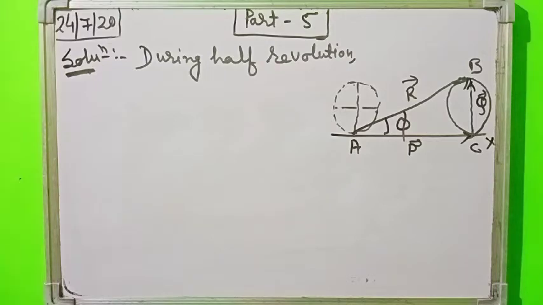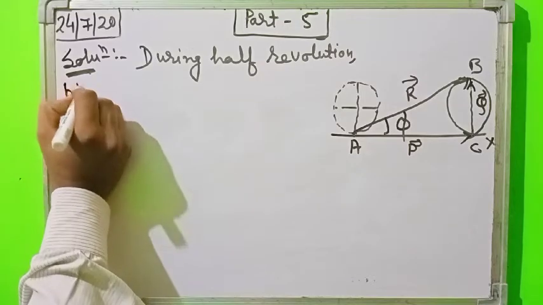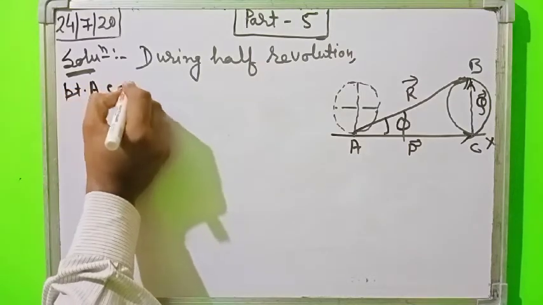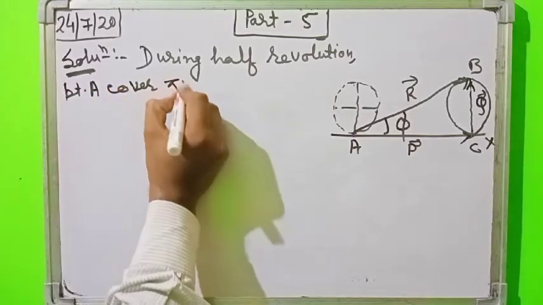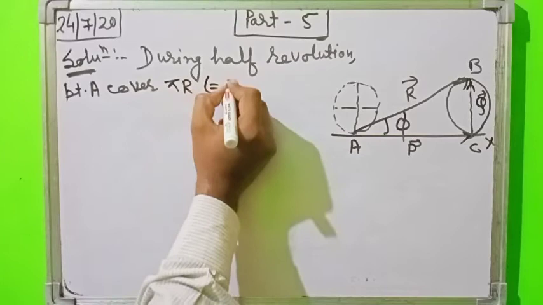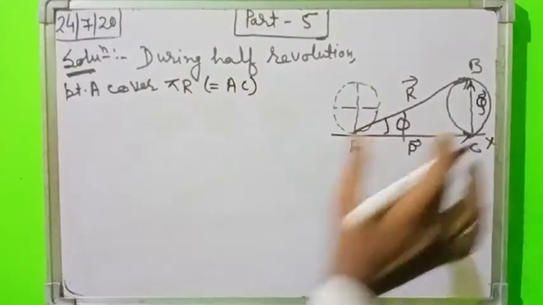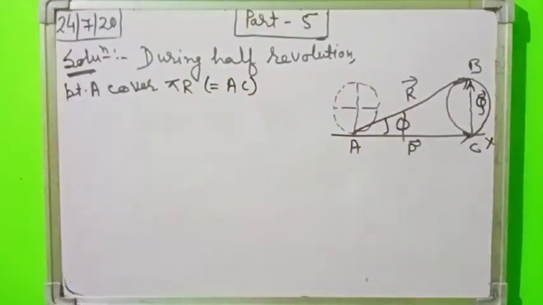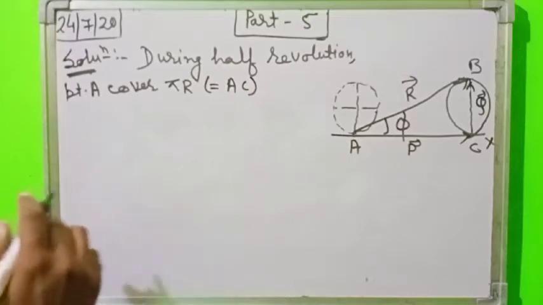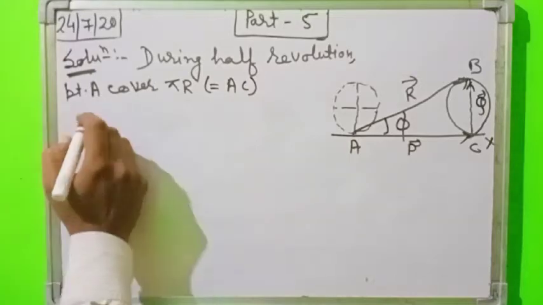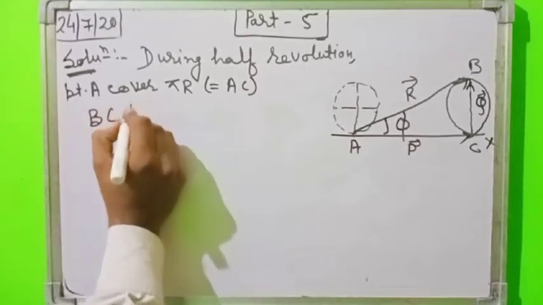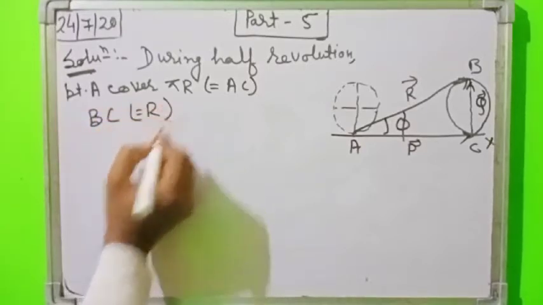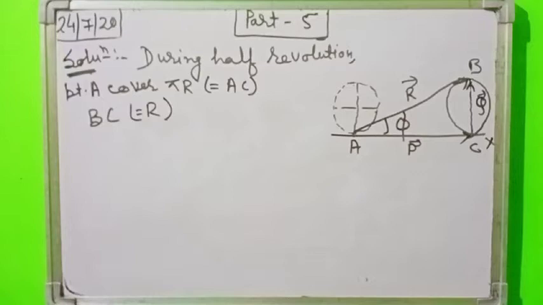During half revolution, point A covers pi r, that is equal to AC. This distance will be pi r. This is the horizontal distance, and BC is the vertical distance, which is equal to 2r.